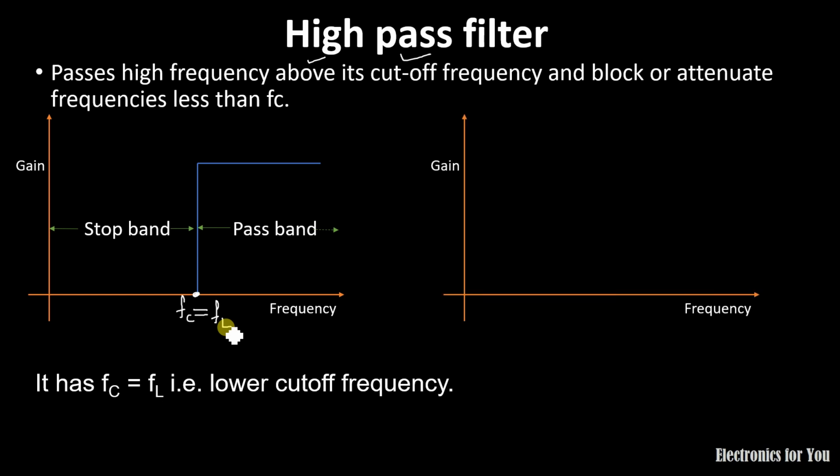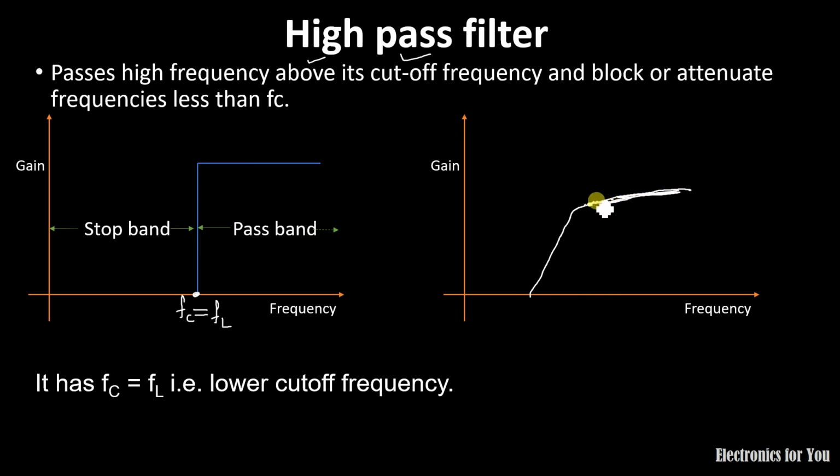Now if we want to draw the practical response, we should increase this gain gradually. So slowly we will increase it, and further we will get the constant output. So here you can say that the gain is maximum and constant.